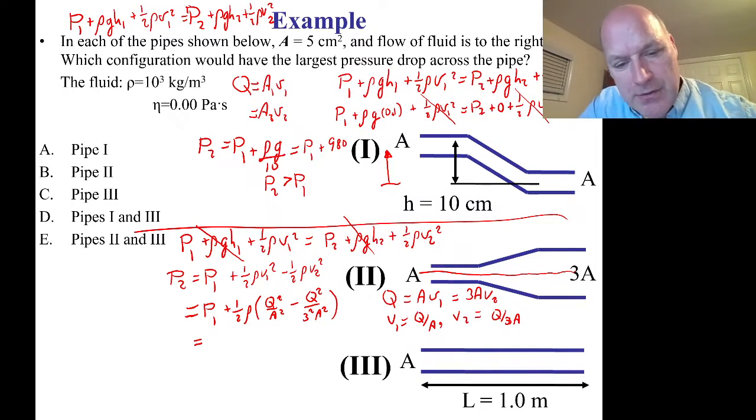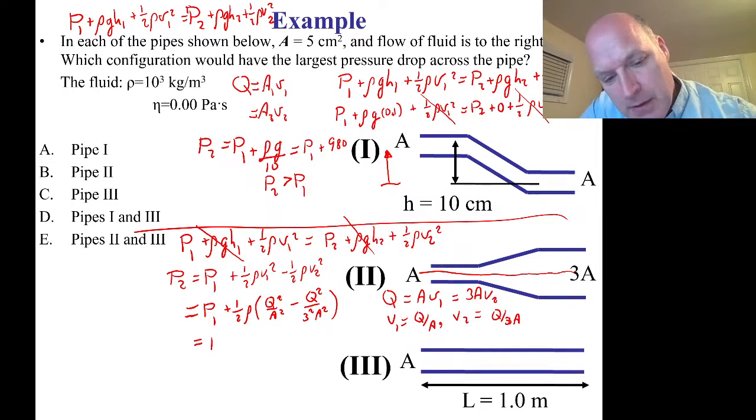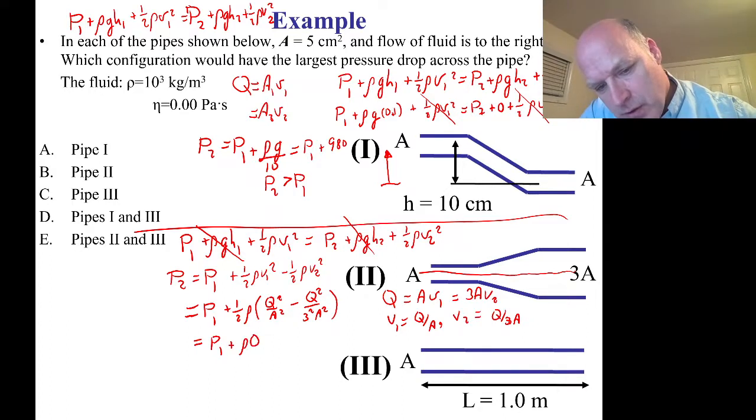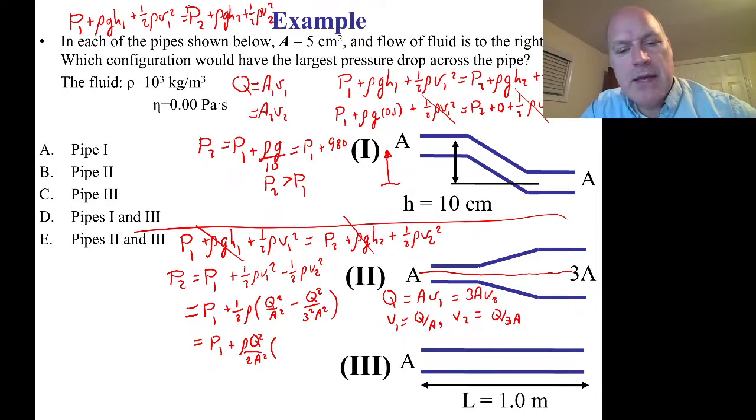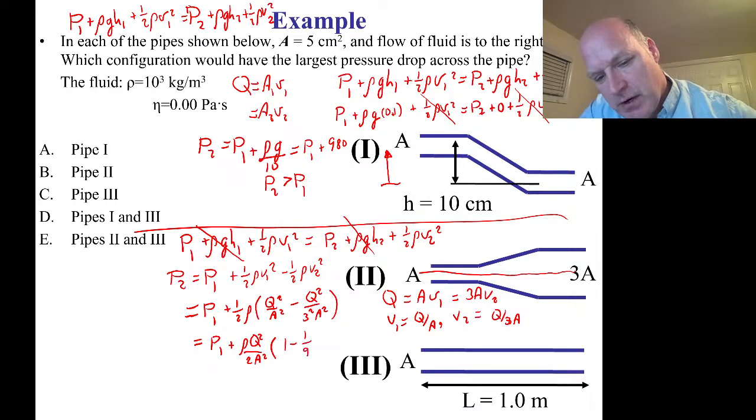I can factor out the Q squared over A squared, rho Q squared over 2A squared. And then this is going to be like, that's a 9, so it's 1 minus 1 over 9. Okay.